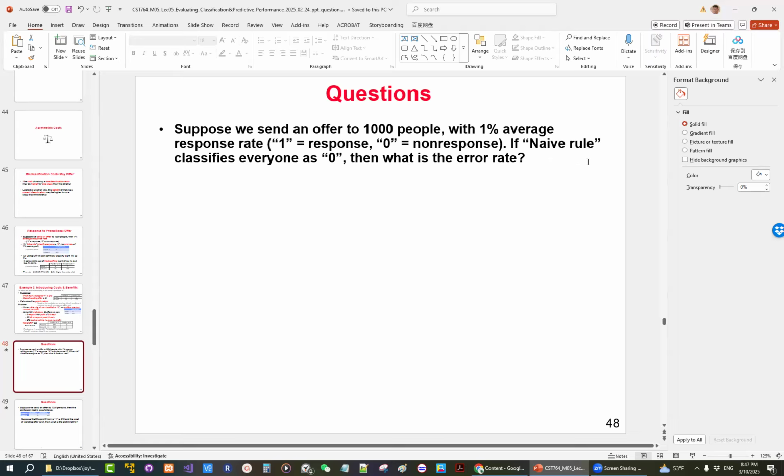The naive rule predicts every case to be 0. What's the error rate?